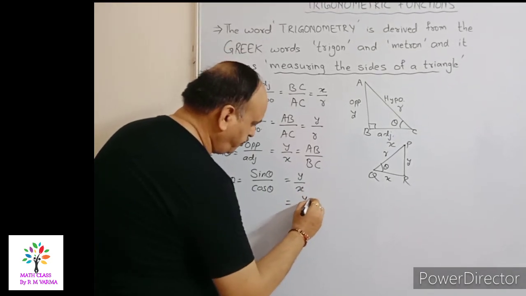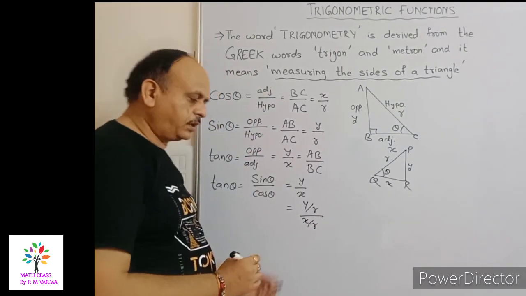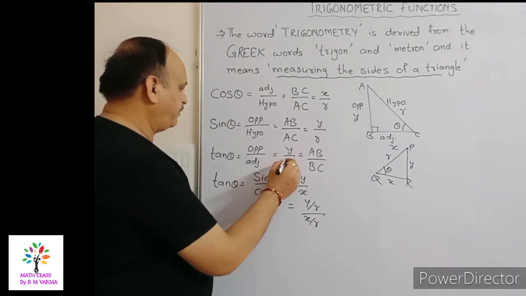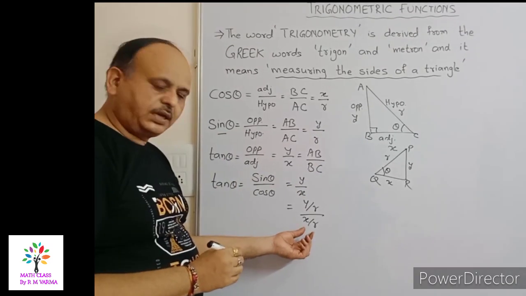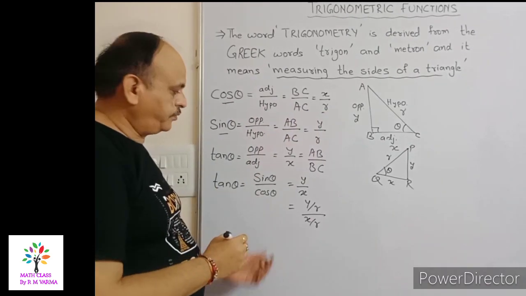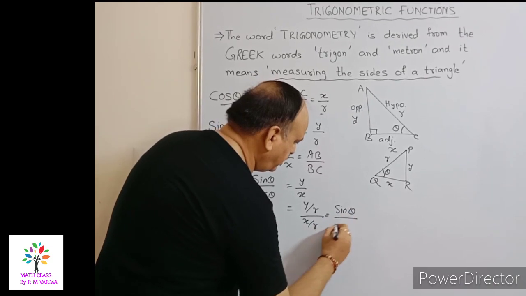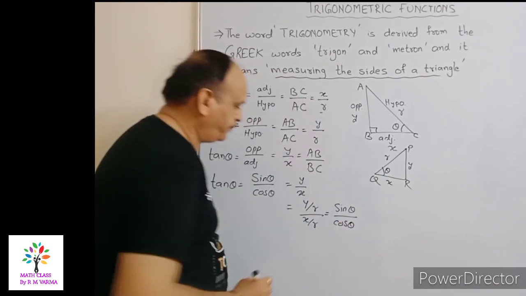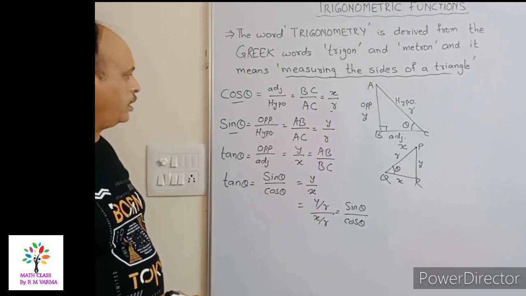That means y divided by r, x divided by r. Now y divided by r is sine theta, and x divided by r is cos theta. So with the help of that, I can put here sine theta upon cos theta. So tan theta can also be written as sine theta upon cos theta.